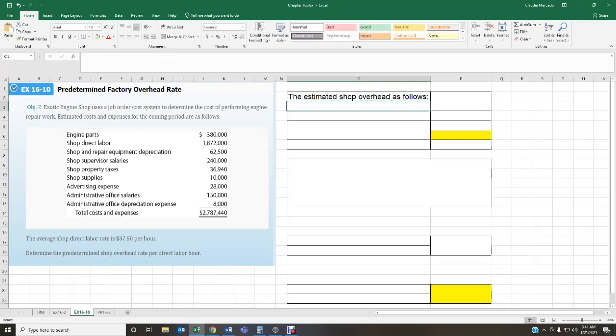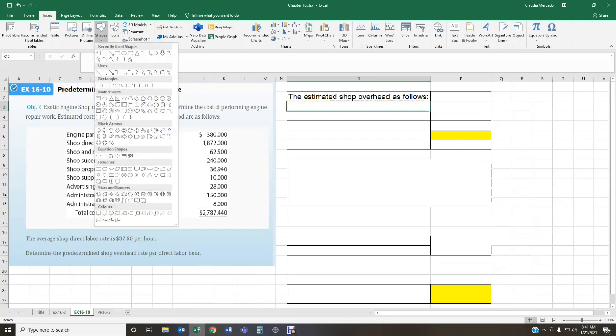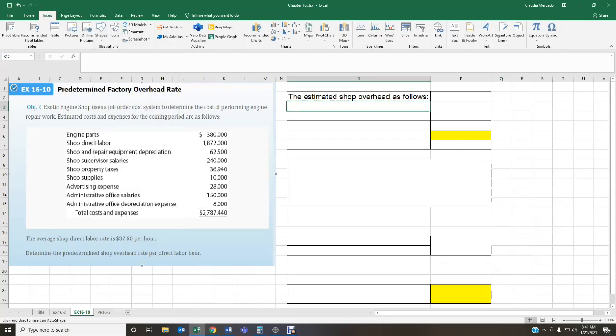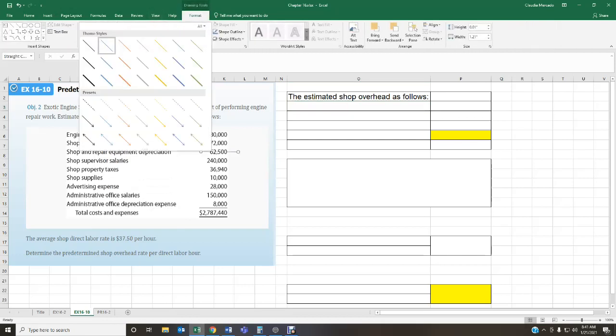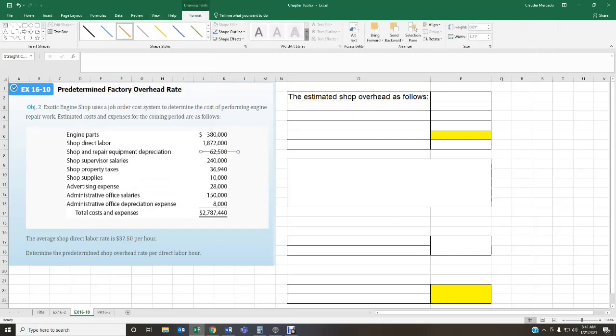So we have to identify from the list provided here what is overhead. The first thing we have is the shop and repair equipment depreciation. That's one of the things that is part of your overhead. I'm going to mark it off, that way I know that I've used it. So the shop and repair equipment depreciation falls under overhead.